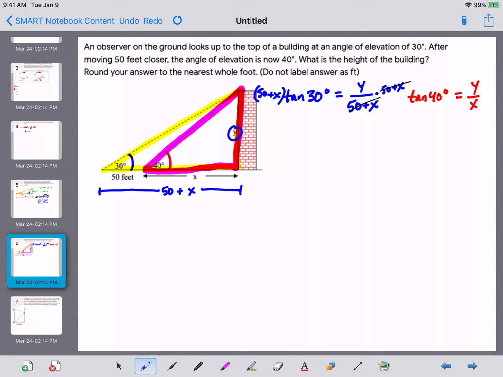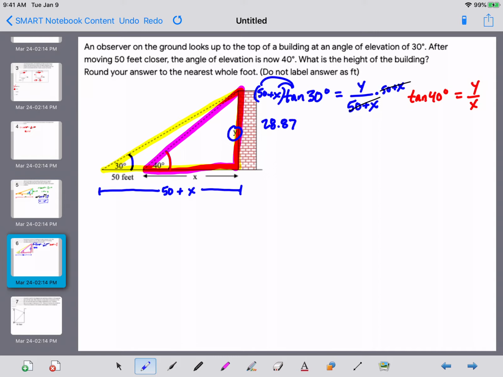We're going to simplify this a little bit. So if we distribute this tangent 30 into this factor 50 plus x, tangent of 30 degrees times 50, if you throw that in your calculator, is about 28.87.